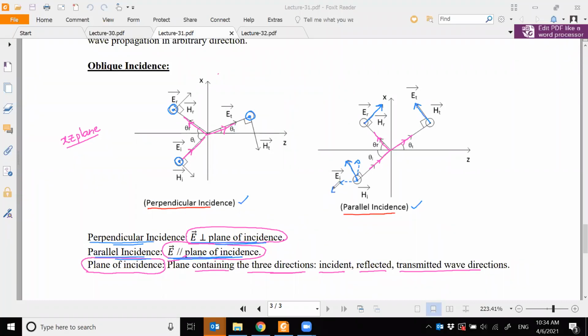So this is EX, this is EZ. I'm getting an EX component and an EZ component. Both these components are parallel to this XZ plane because they are residing on the XZ plane. And that's why it is called a parallel incidence. Clear? Yes, any questions on this one?